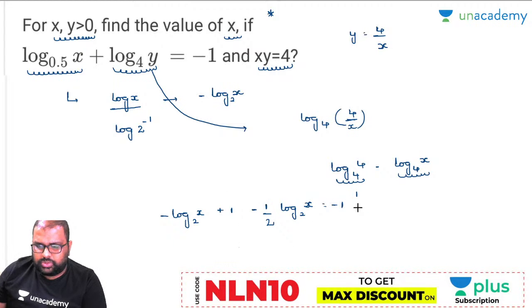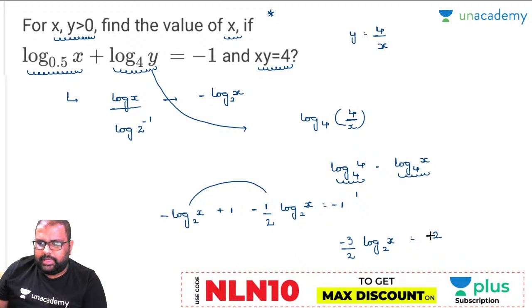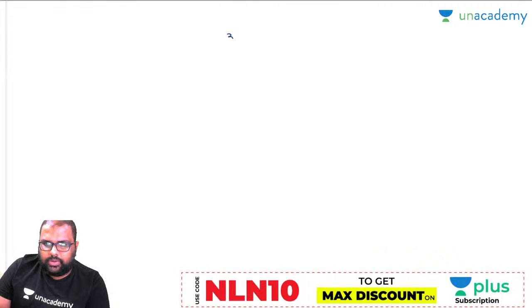And this 1 goes to that side, which becomes minus 2. So finally, if you add these two things, this becomes minus 3 by 2 log base 2 of x is equal to minus 2. And the minus signs cancel on both sides. So 3 by 2 log base 2 of x will be equal to 2.